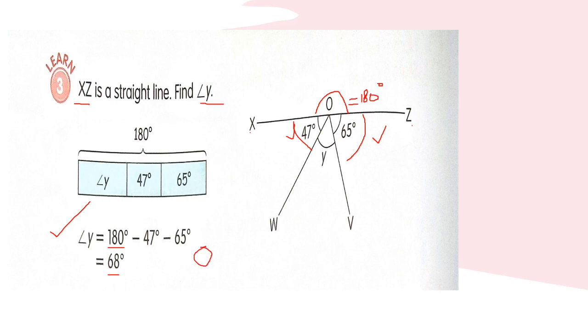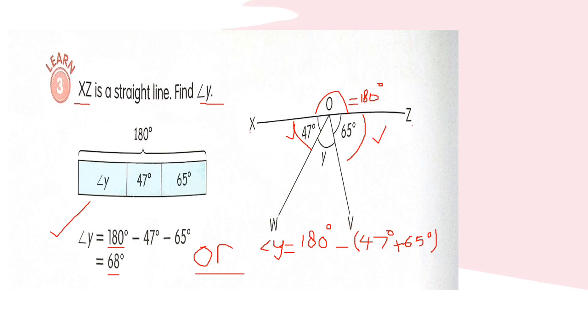Or you can use this way. So angles Y is equal, it's the same. The total angles on a straight line 180 degree minus here the first known angles plus with the second known angle. Okay. Jadi kalian bisa pakai cara yang ini atau cara yang ini.